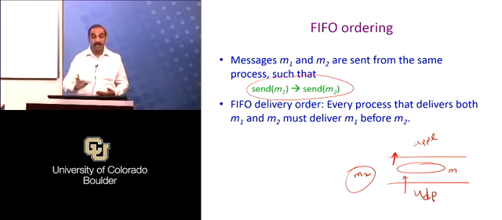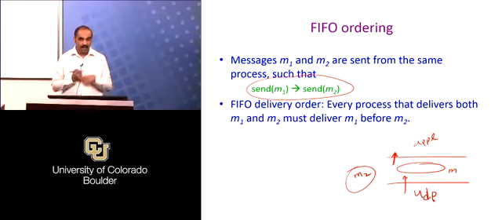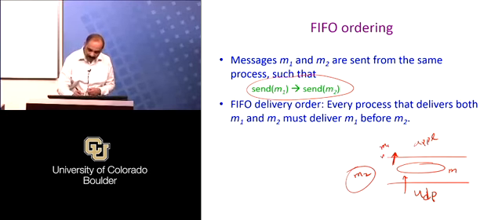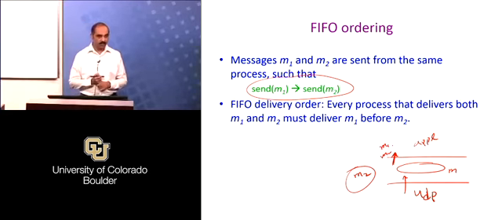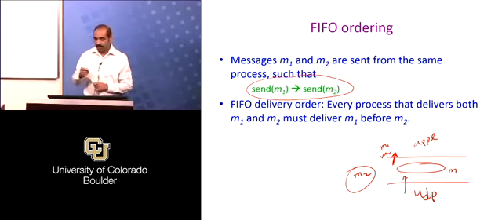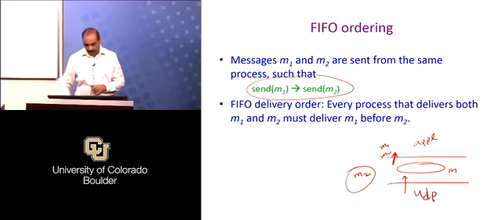It will not let the application see M2 until it receives M1 and delivers M1 first, and only after that it will give M2 to the application. So it's basically imposing this FIFO ordering on messages. So that's FIFO ordering.